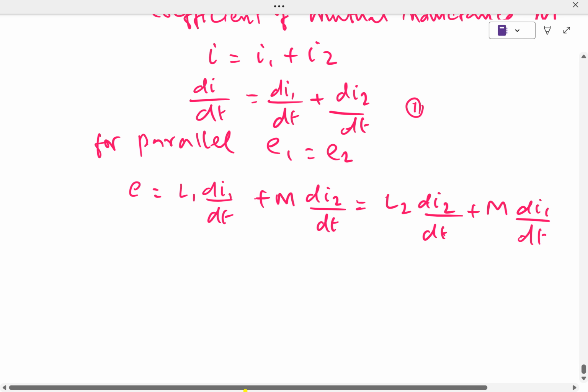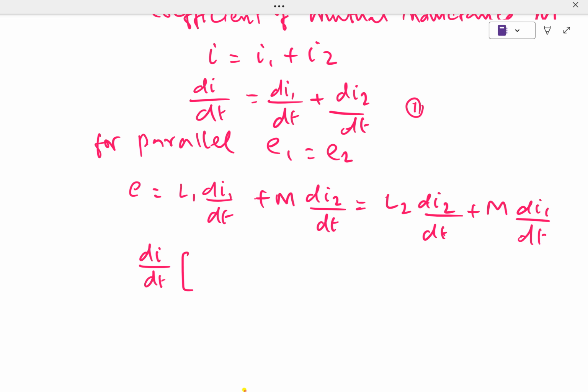Or you can say di1/dt is common: (L1 minus M) di1/dt is equal to (L2 minus M) di2/dt.